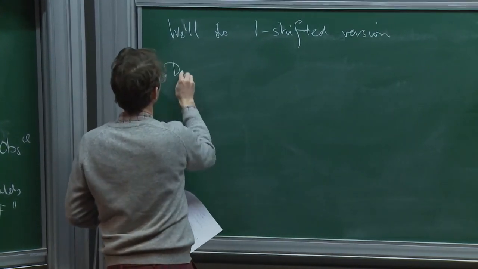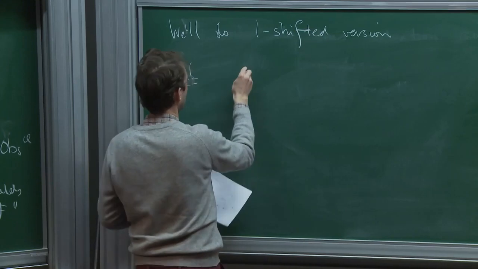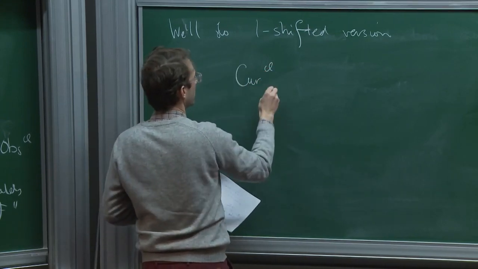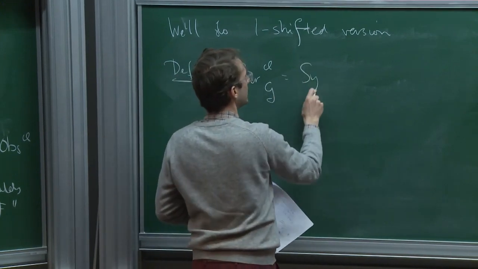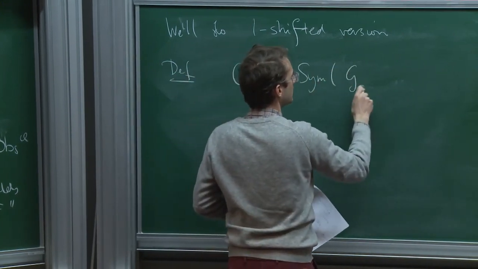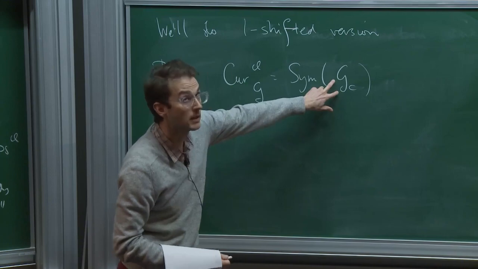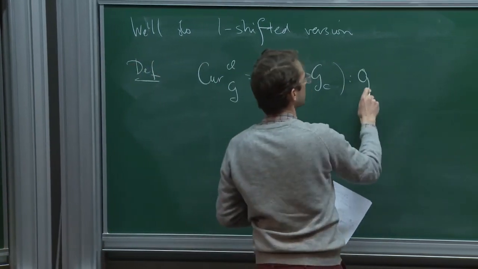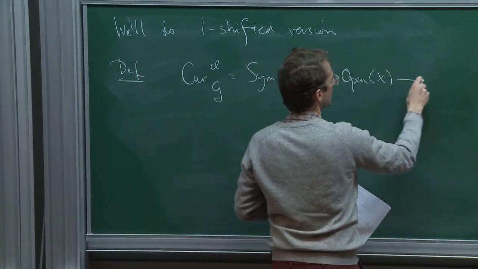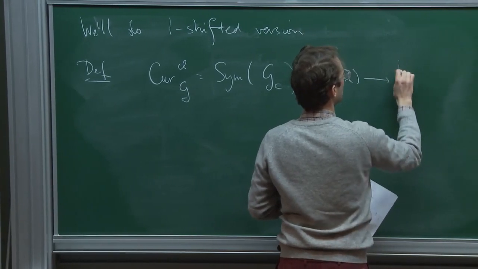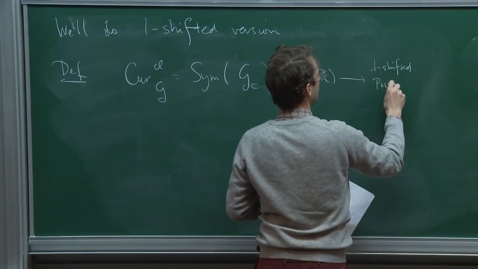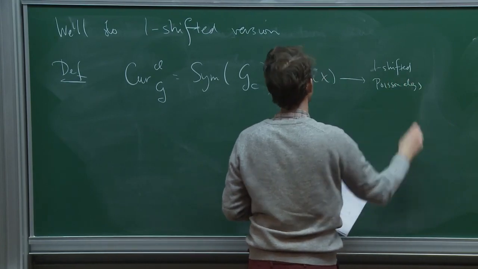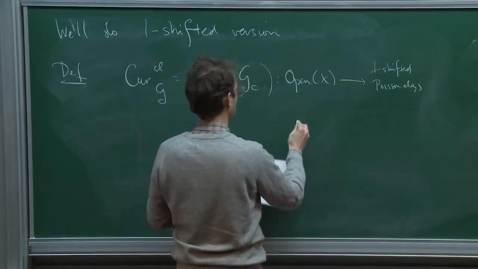Define the functor of currents, which will just be taking the symmetric algebra on this pre-Cauchy sheaf. So it's going to go from opens in X to the category of one-shifted Poisson algebras, dg, of course.